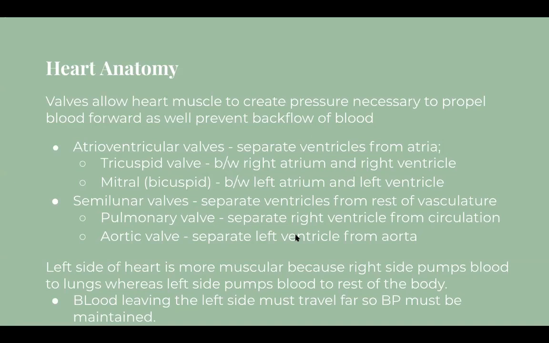The lungs are pretty close to the heart, whereas in other parts of the body you need to go as far as your peripheral organs, like your feet and hands, which are very far from the heart. So the left side of the heart needs to generate much more force than the right side does to get blood to the lungs. To maintain that higher blood pressure and force, the left side of the heart is more muscular.